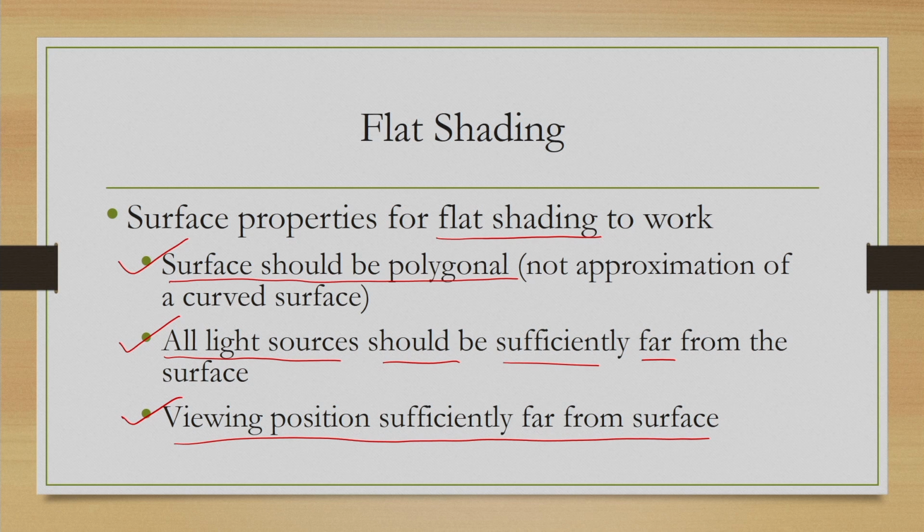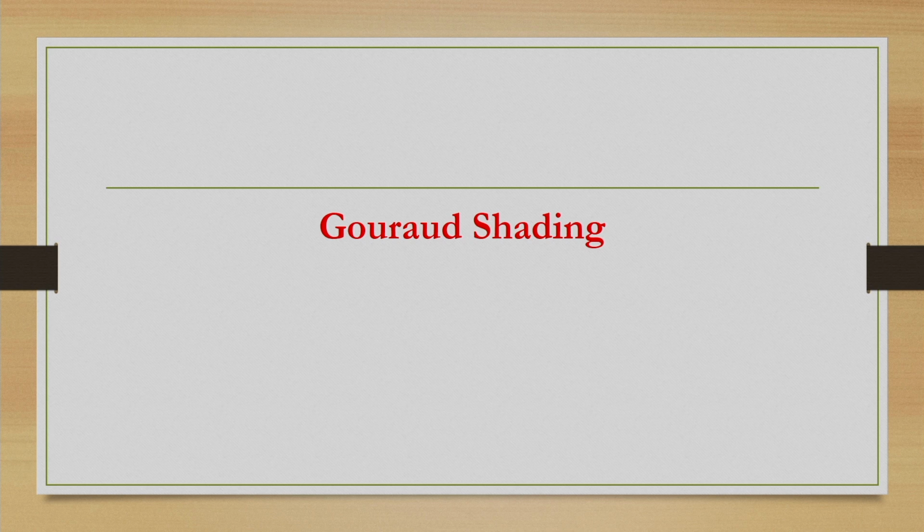If these three conditions are not met, then the resulting colored surface may look unrealistic. To avoid the problems associated with flat shading, there is an improved shading model called Gouraud shading. Let us try to understand Gouraud shading.